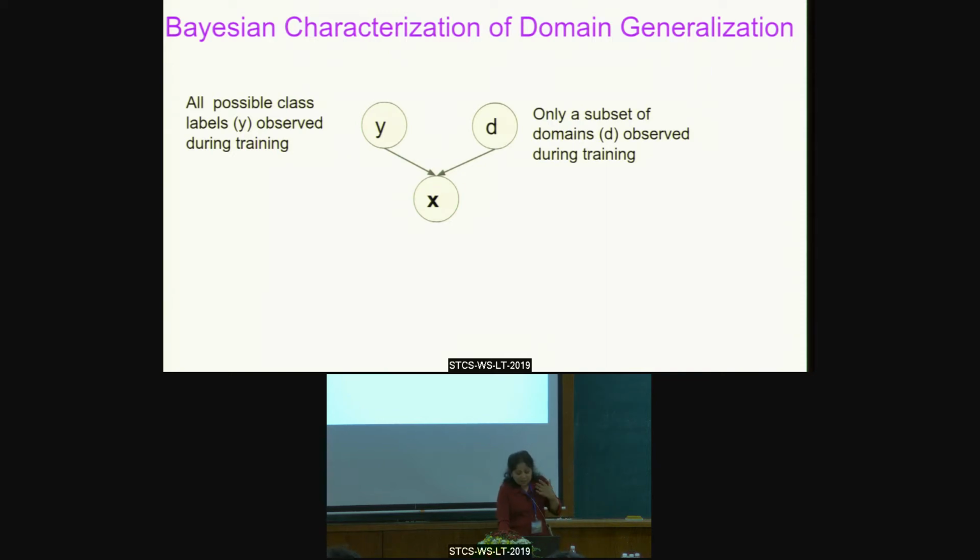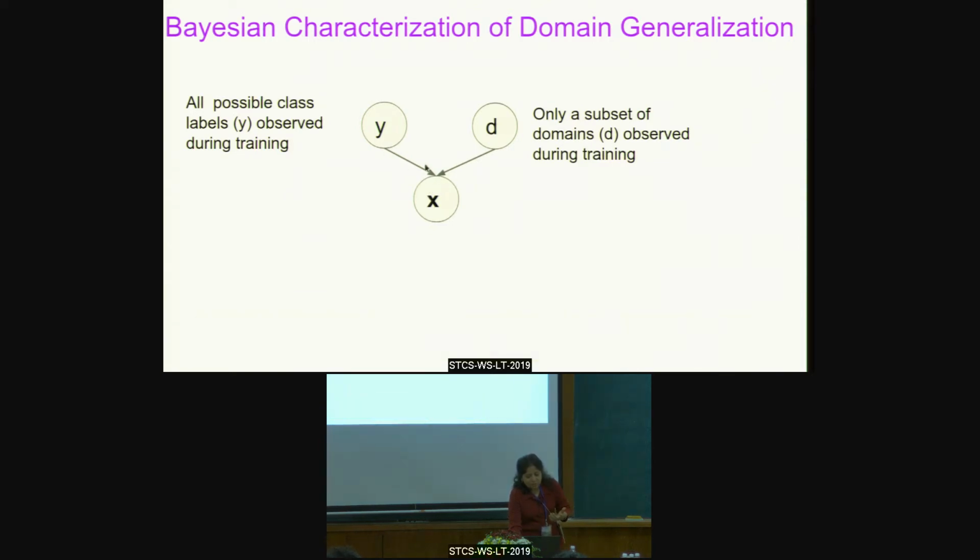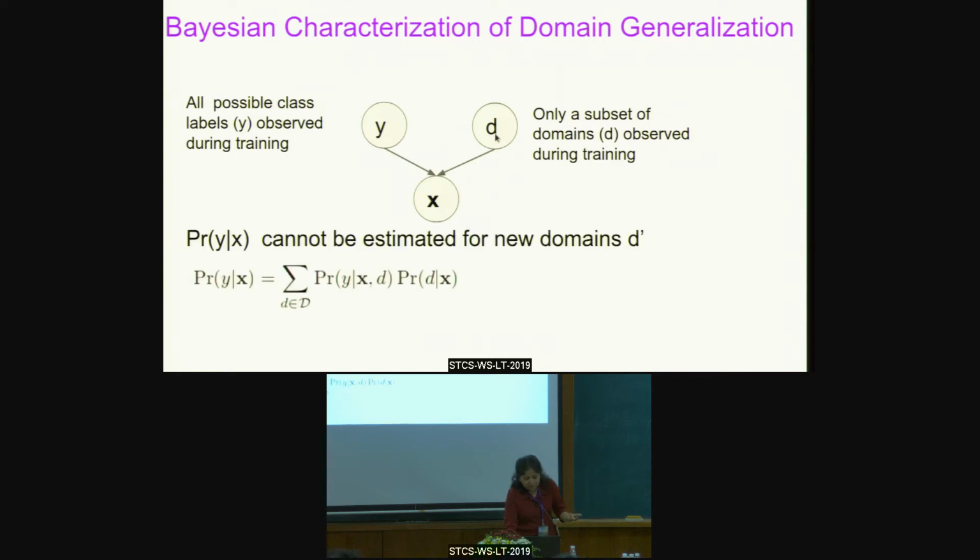Now, for estimating the probability Y given X distribution, for a standard Bayesian network, we know this is a V node. If I have to estimate probability of Y given X, and if X is a function of both Y and D, then you have to have in your samples all distinct values of D. Otherwise, you cannot estimate the distribution.